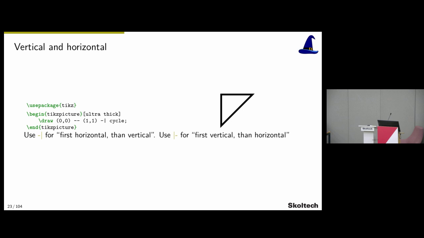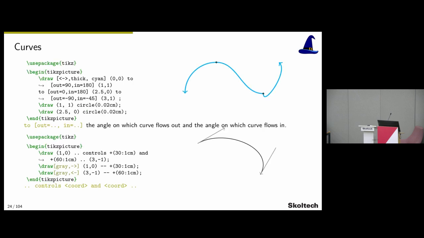So we can draw this triangle, just defining 2 diagonal dots. First, we connect them in a straight line, then we connect them in a Manhattan style. Also, about curves. If we want to connect two dots with curves, we need to state at which angle each curve goes in and out.